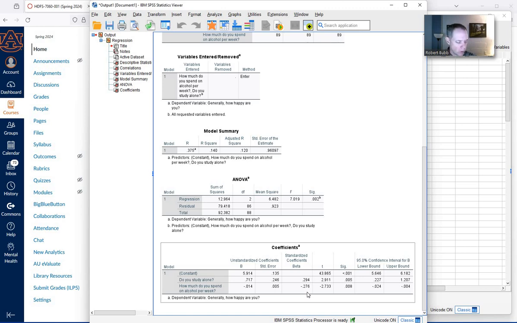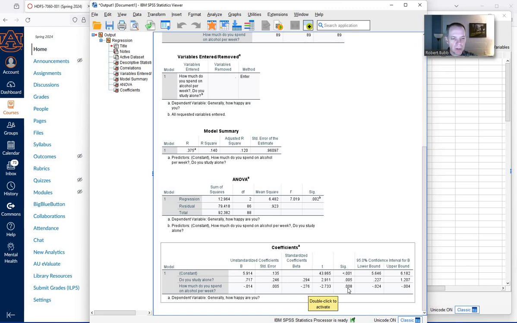So just note that our interpretation is pretty much the same, except we're going to say z-scores rather than using the raw units that we use with the unstandardized coefficient. So again, the unstandardized coefficient is good for explaining the relationship and the change in that relationship. The standardized coefficient is useful for comparing to other predictors and the relative weights of the model.